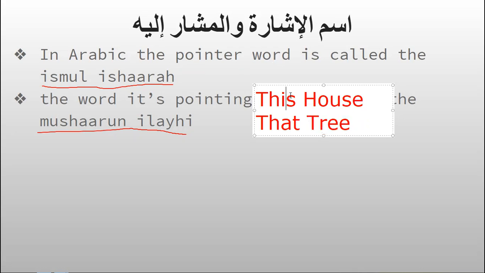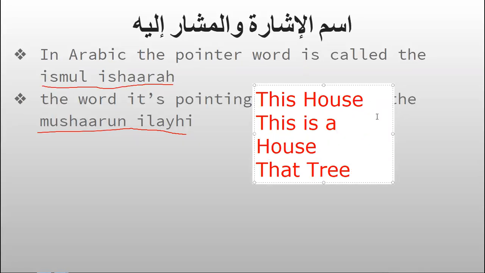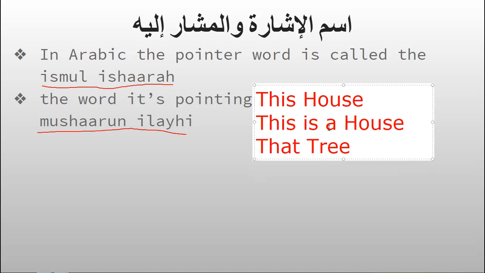You can see the difference in these two English examples also, this house and that tree. If I say this house, and if I say this is a house, just because I put is over here, it became a sentence, right? This house is a fragment.